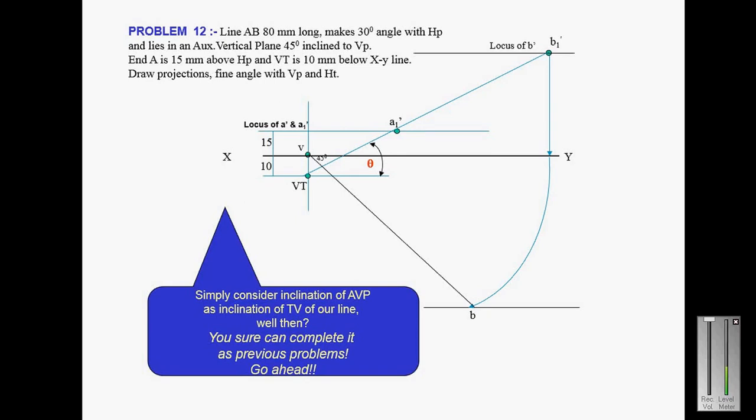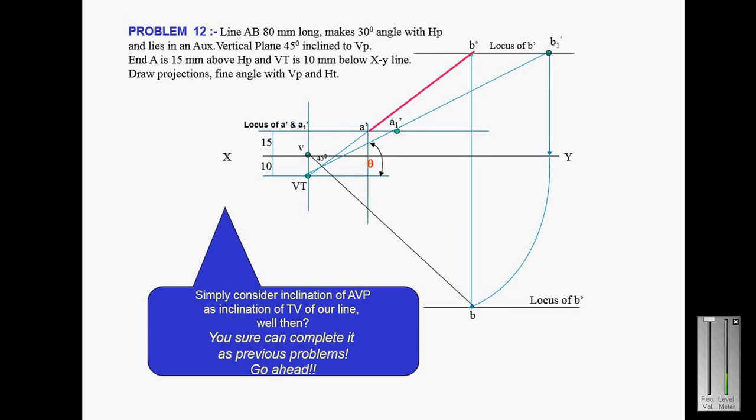Once you get the point B1 dash, you project it and rotate it, and you will get the locus point of B. Then through point B I project it, and you will get point B dash. Join B dash and VT, and you will get the point A dash, and A dash B dash will be the front view.